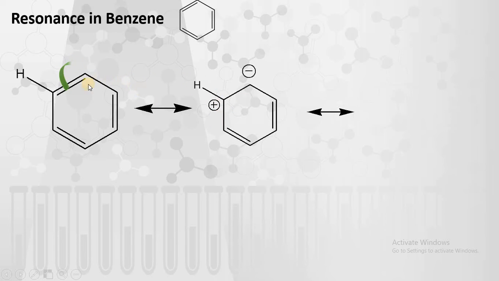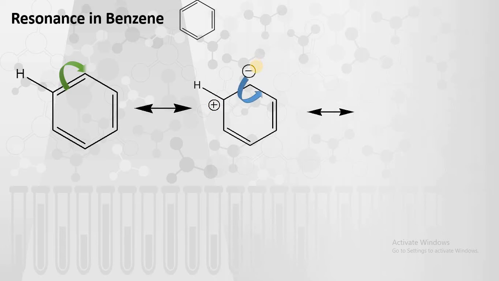So here if you see, this bond is broken towards this another carbon atom. If this is broken here, so what happens? Negative charge is formed at this carbon and this becomes positive.